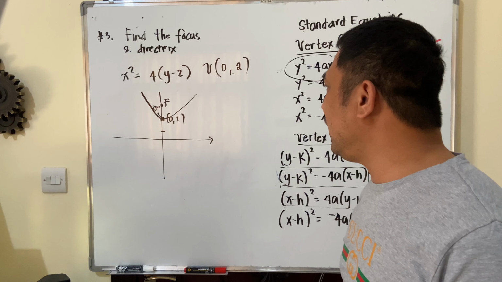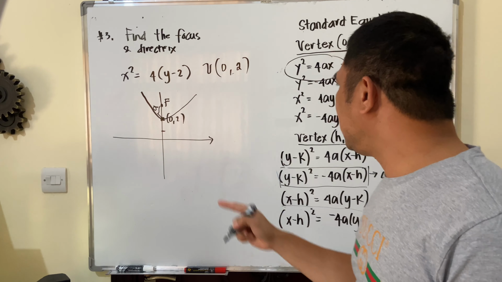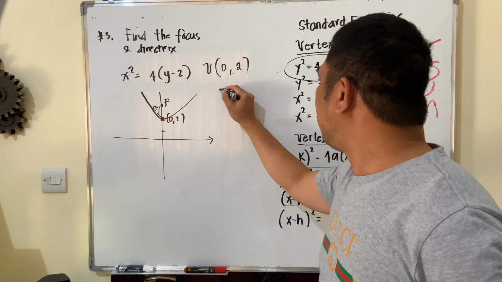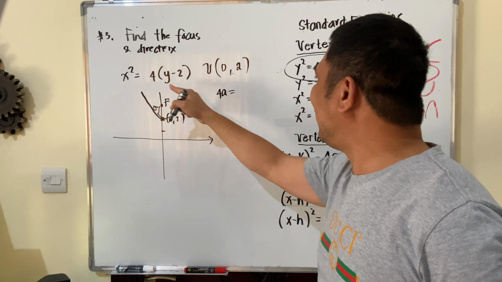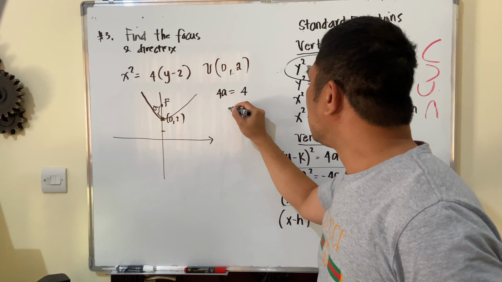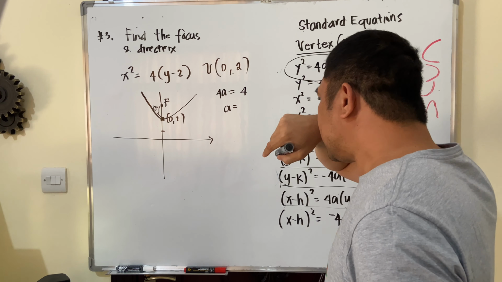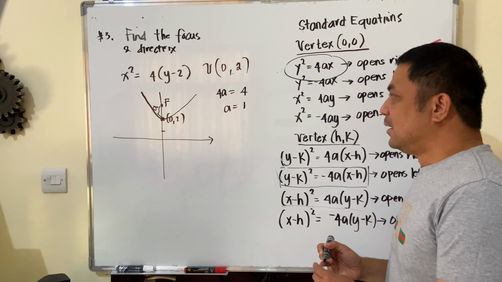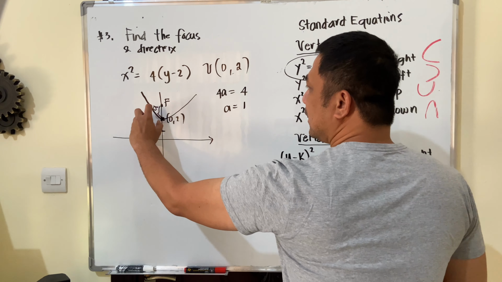How can we get the a value? 4a is equal to 4, therefore your a value is 1. So the distance is 1.